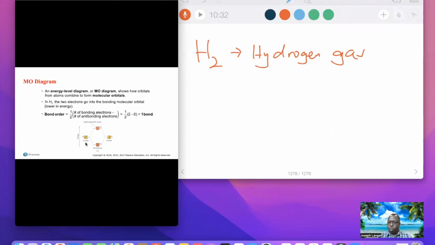These are atomic orbitals. So if I have here 1s and 1s, each with 1 hydrogen, these are atomic orbitals.